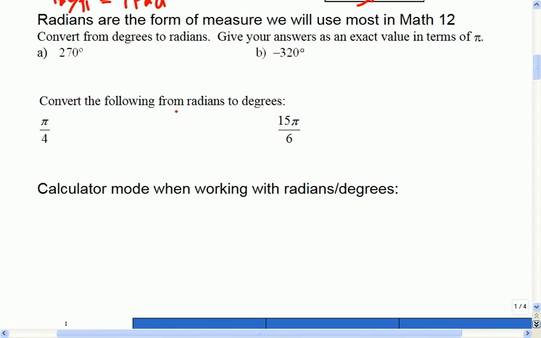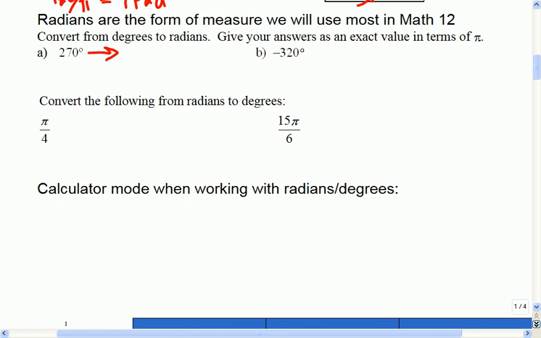Okay, so 270 degrees. Does anybody know what that was in radians? Nobody? All right, Danny? Yeah, it's going to be 3 pi over 2. So here's the way I do it in my calculator, just so I can get those nice fractions. Like Danny said, 3 pi over 2.